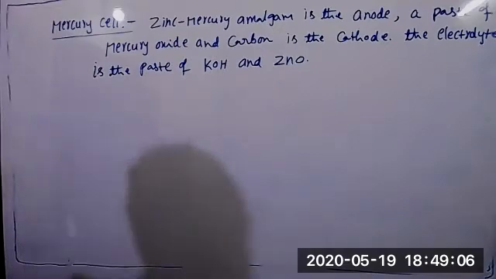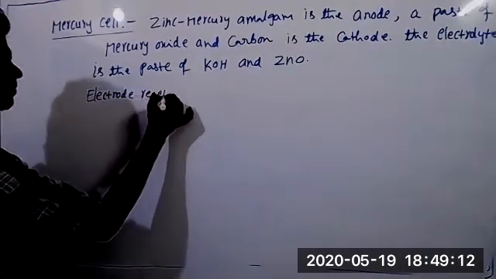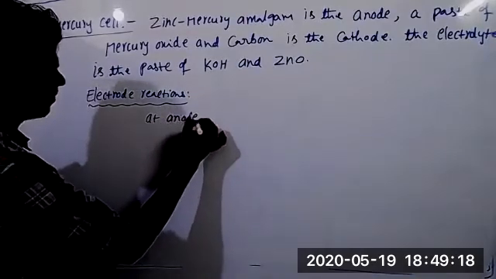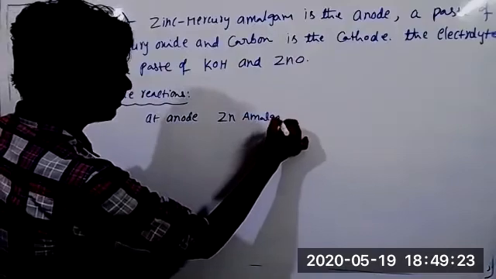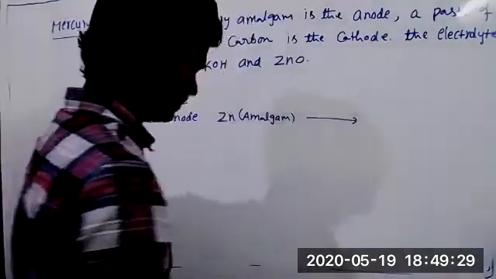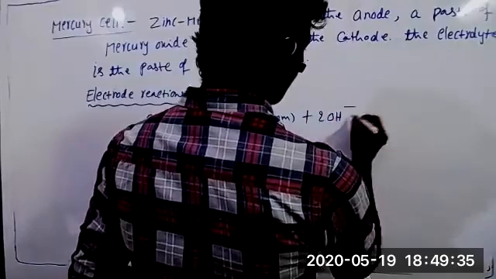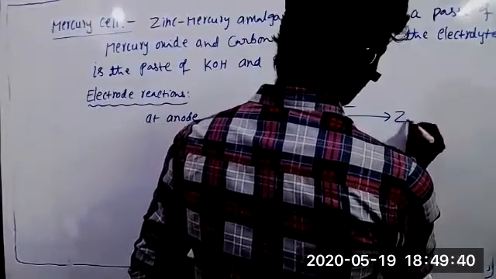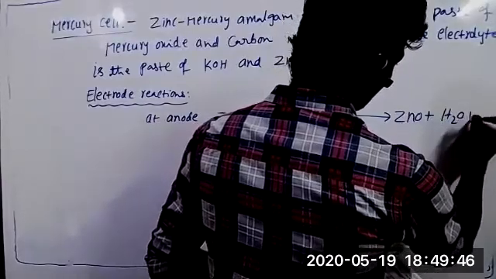Okay, now see electrode reactions. At anode, amalgamated zinc plus 2OH- gives ZnO plus H2O plus 2 electrons.